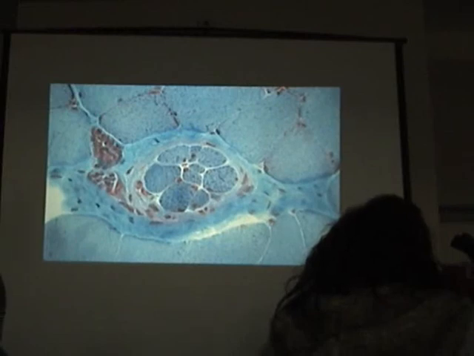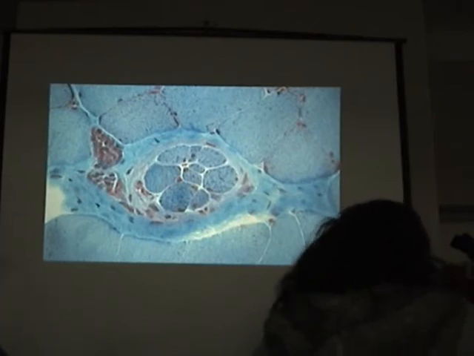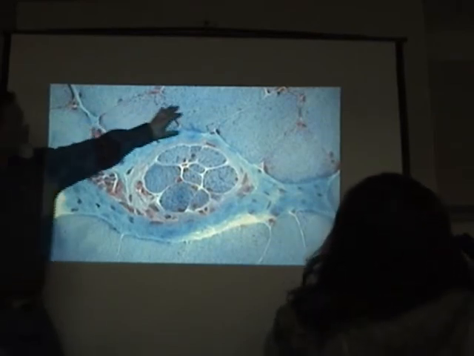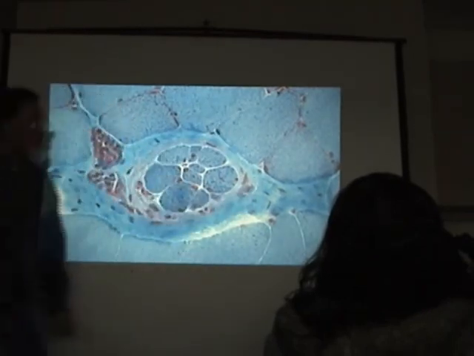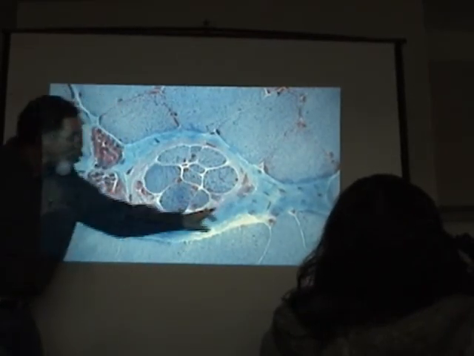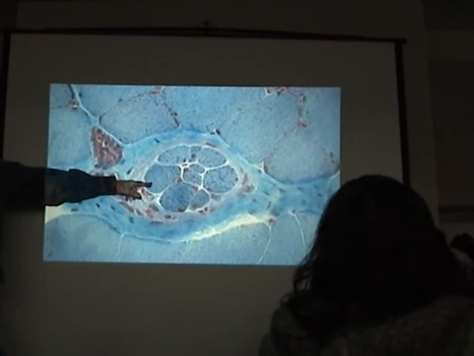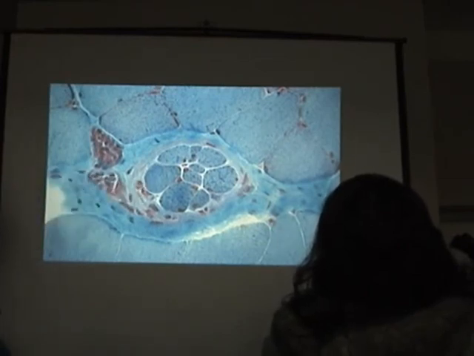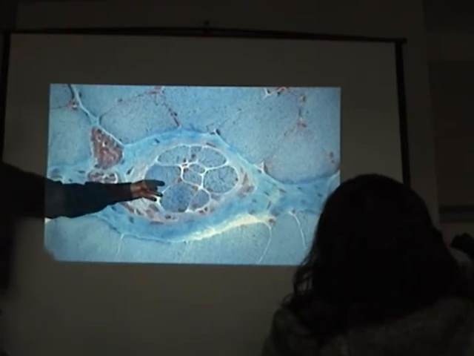This is from Diane Shelton's lab, another beautiful, this is a Gomori trichrome. I don't expect you to know that. But we can see clearly skeletal muscle fibers cut in cross-section, and then we have this encapsulated structure, which is a muscle spindle. Remember, that's the structure that helps regulate muscle length and the rate of change of the muscle. So you've got these modified muscle fibers.